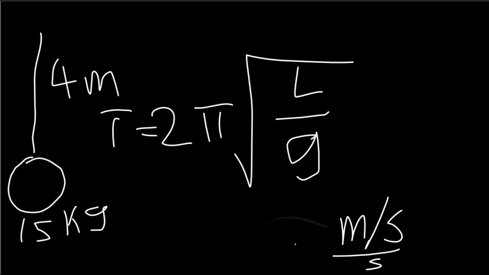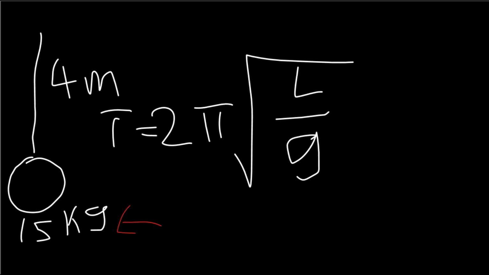So now that we know what that is, as you might have noticed, the weight of the bob, this weight, is not in the equation. As you can see, the equation says that this could be 15,000 kgs, and the period of the pendulum would be the same.